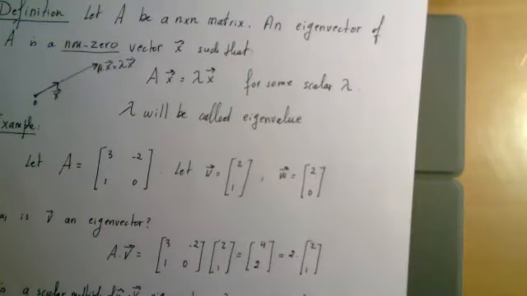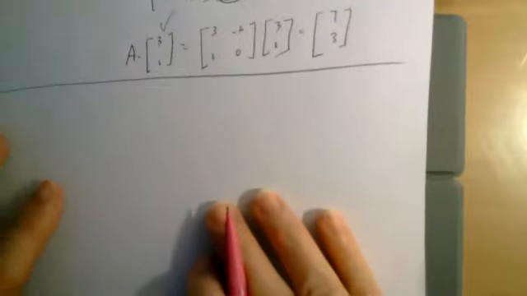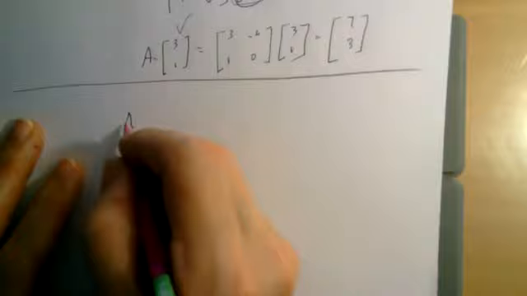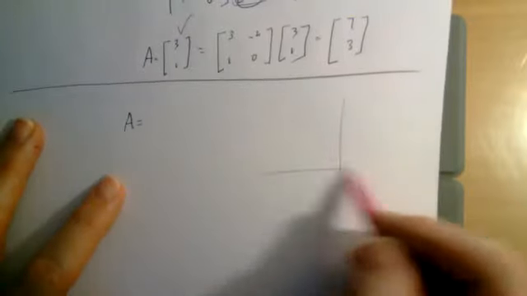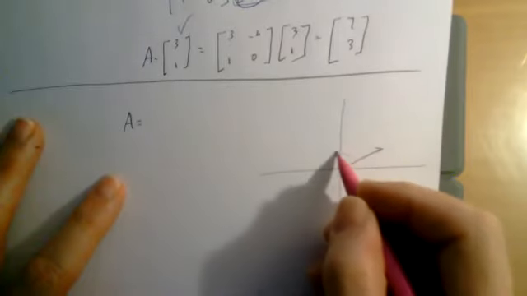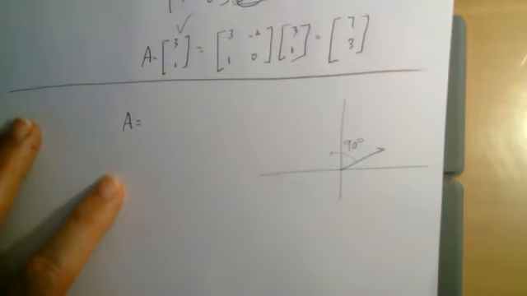So before we start studying the whole theory and how to find them, let me ask you a more geometrical question. Suppose A is the matrix that takes a vector and rotates it by 90 degrees. That's really what the matrix does.